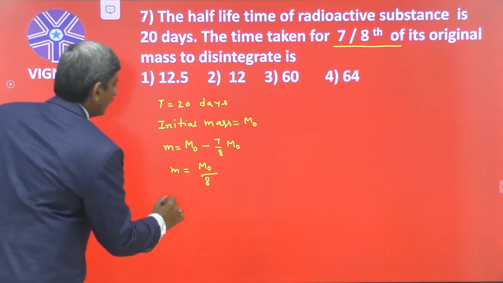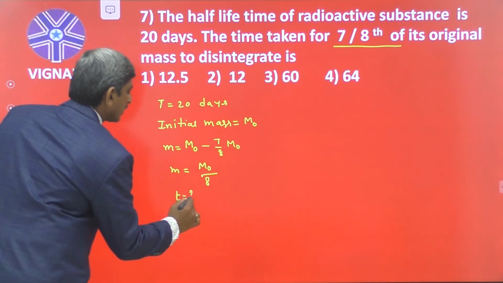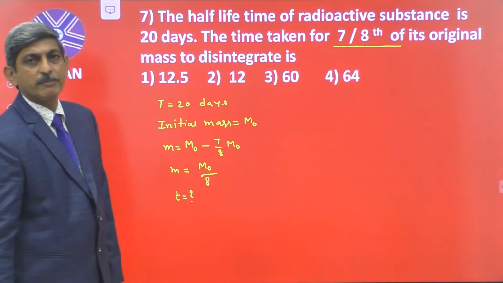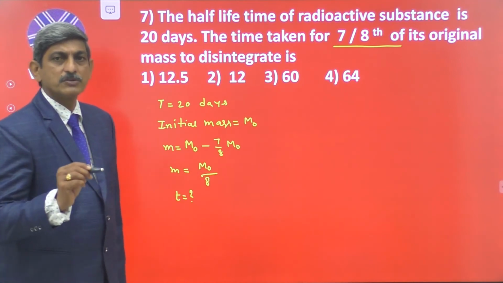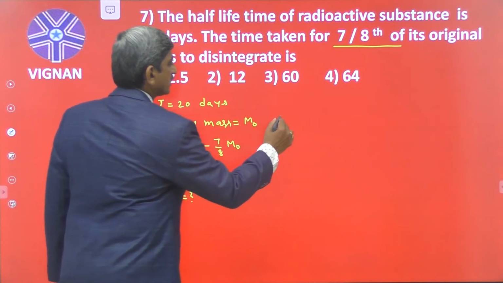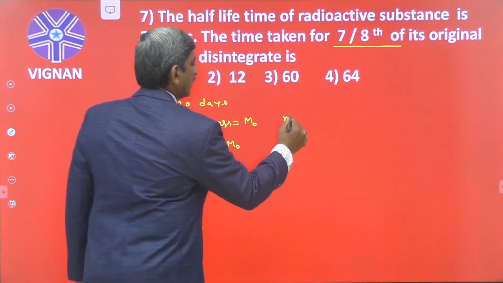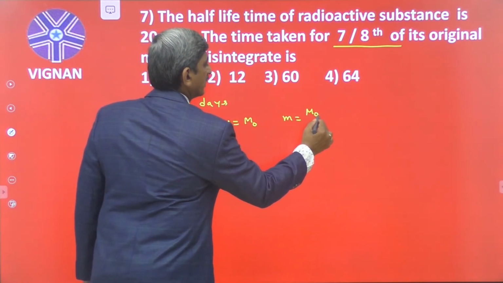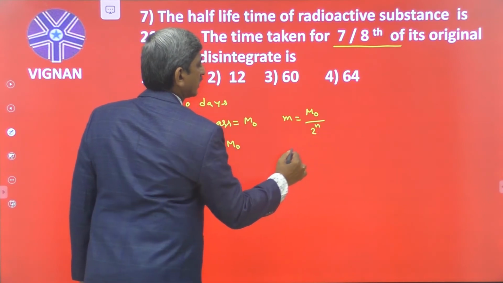Now we want to determine the total time taken. If you want to determine the total time taken, we must know the number of the half-lives present in the sample. We know that m is equal to m naught by 2 power n.